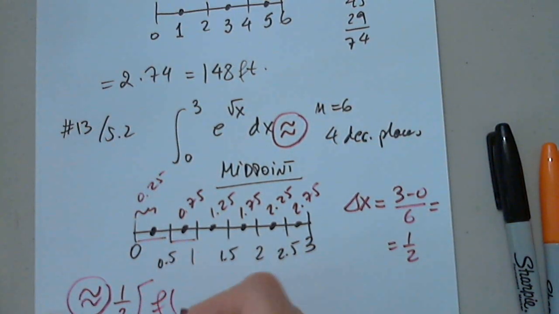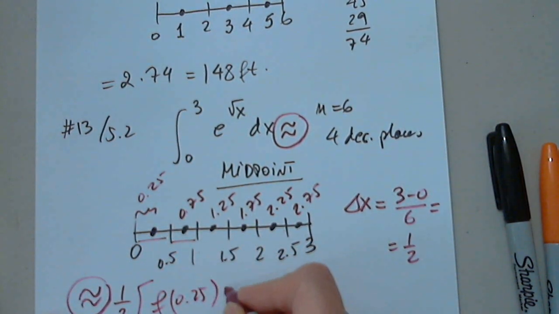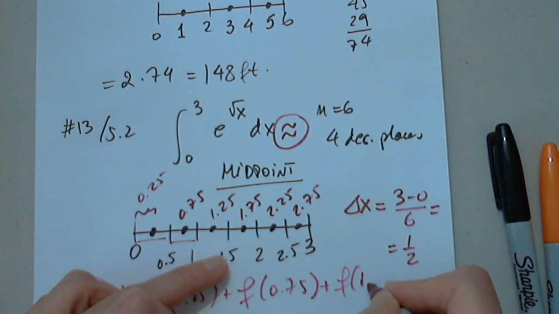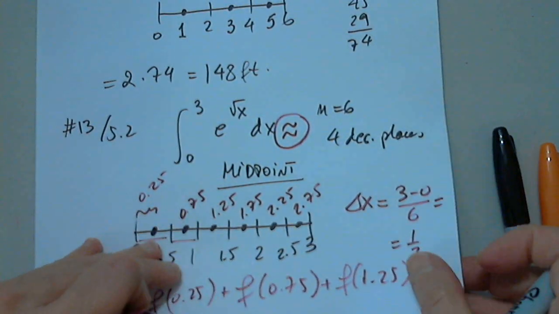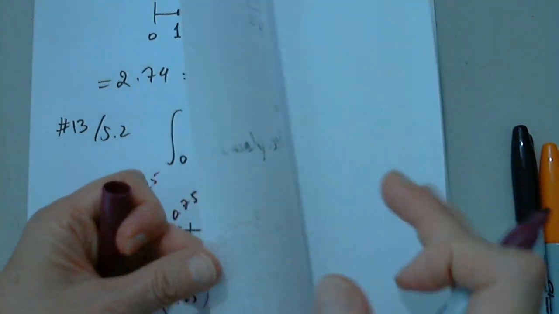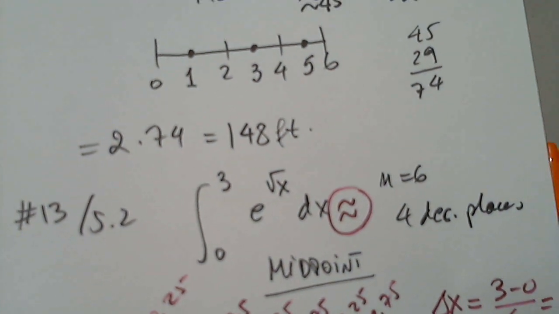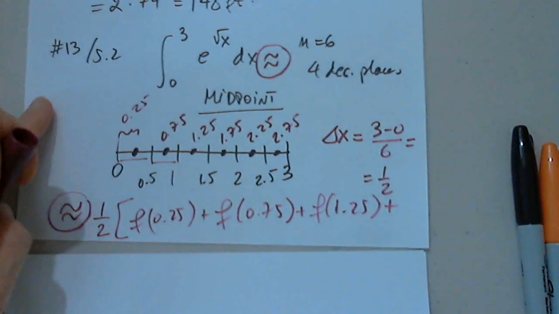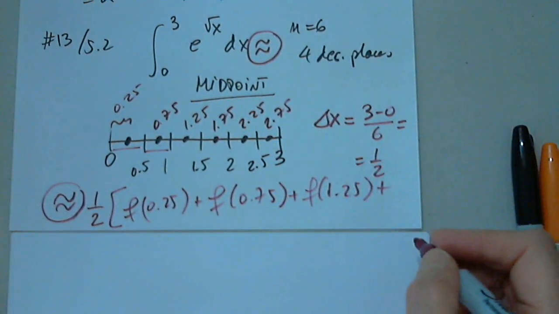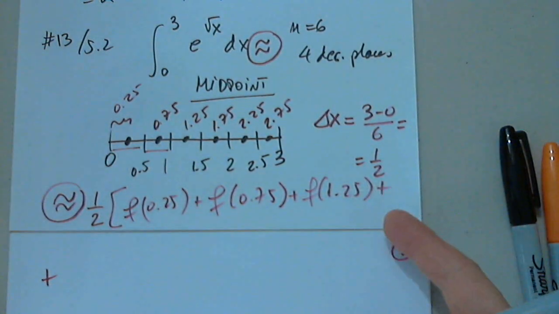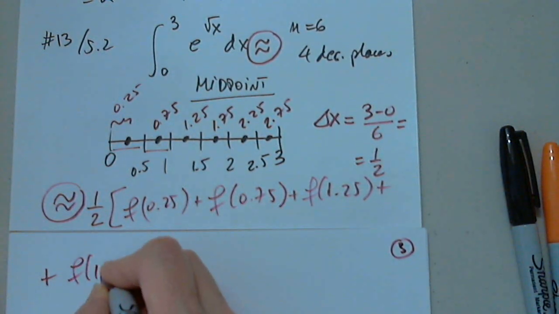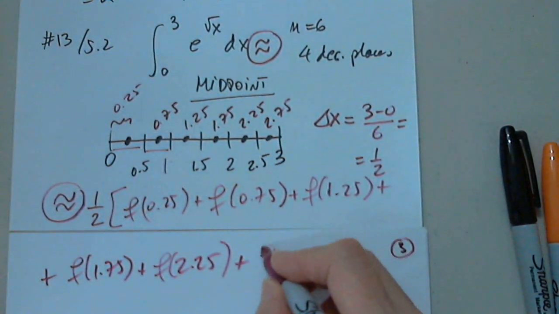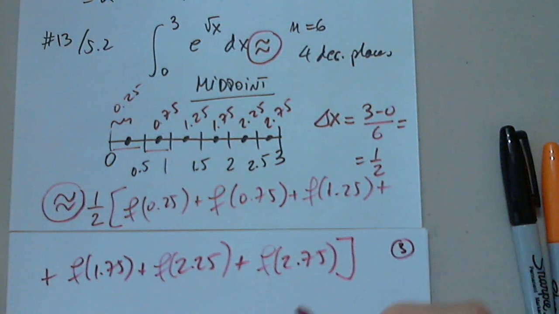Then I have to have f of 0.25 plus f of 0.75 plus f of 1.25 plus, and this is my page 3. So plus, where am I? Right here. f of 1.75 plus f of 2.25 plus f of 2.75.